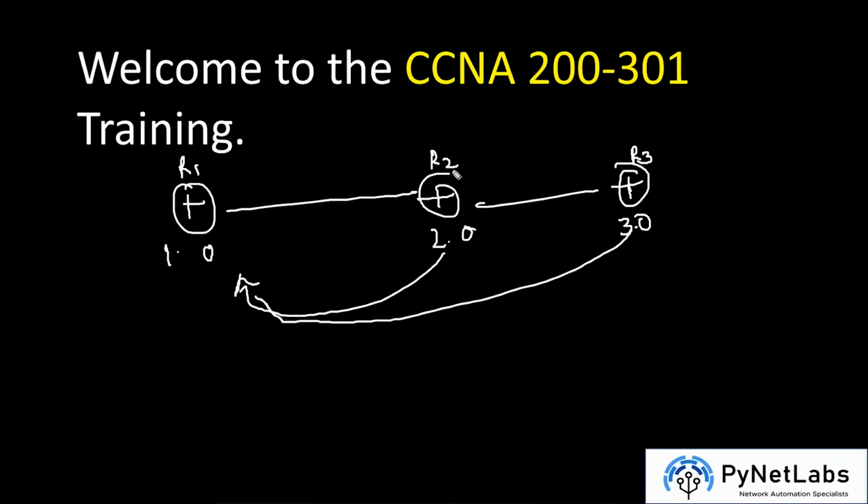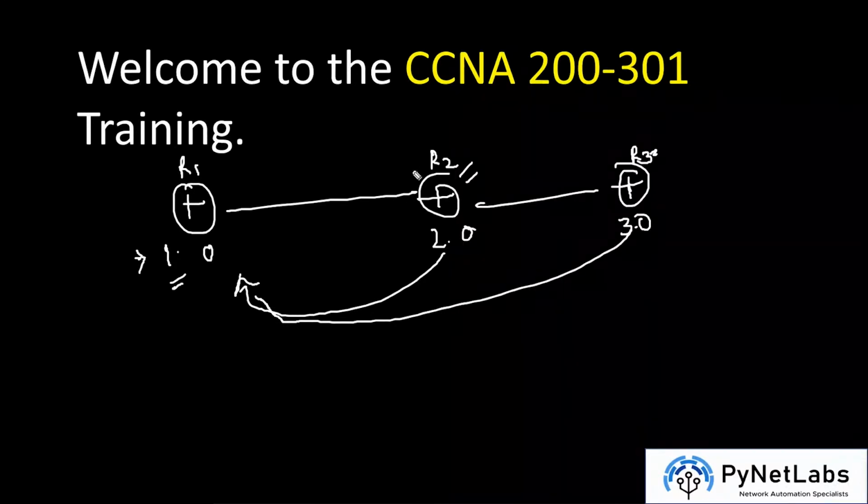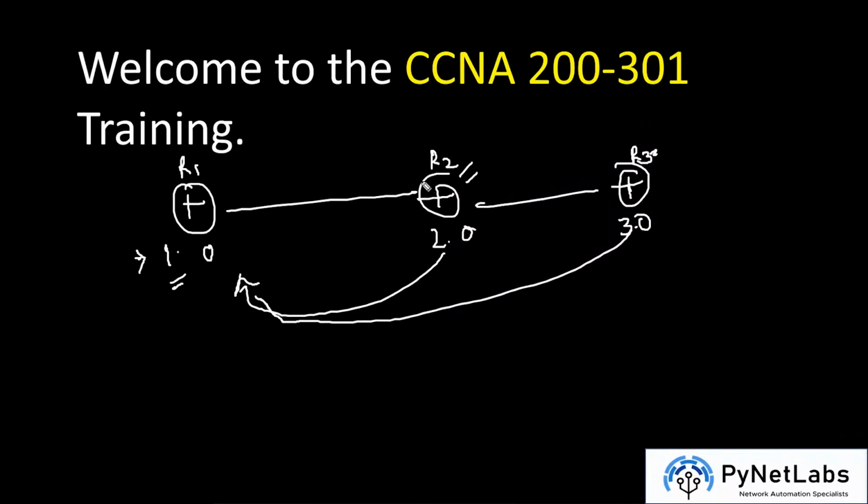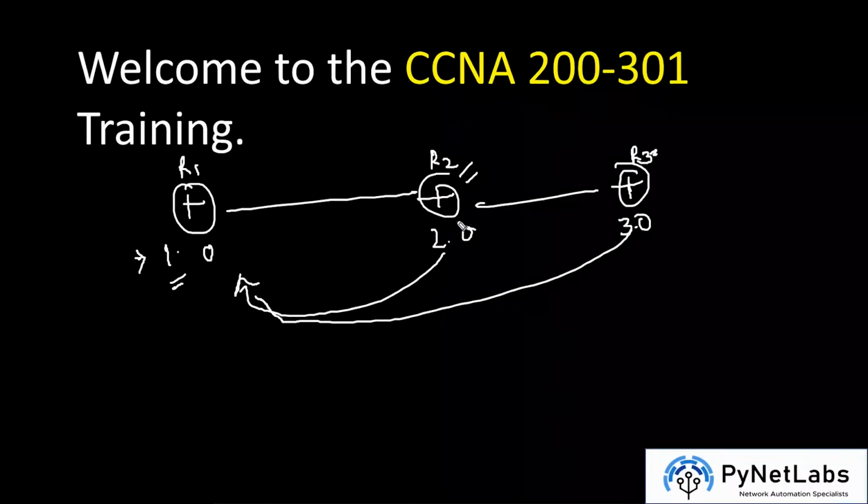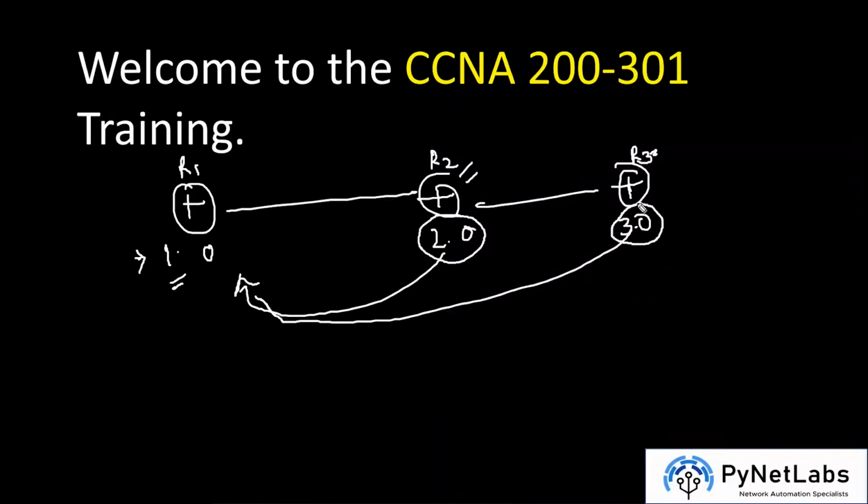Instead, R1 tells R2 that it is managing the network 1.0, so in case you receive any packet which is supposed to be for any device of my network, you can simply give it to me. Similarly, R2 will advertise its network, which is 2.0, and R3 will advertise 3.0. So that's how dynamic routing works.